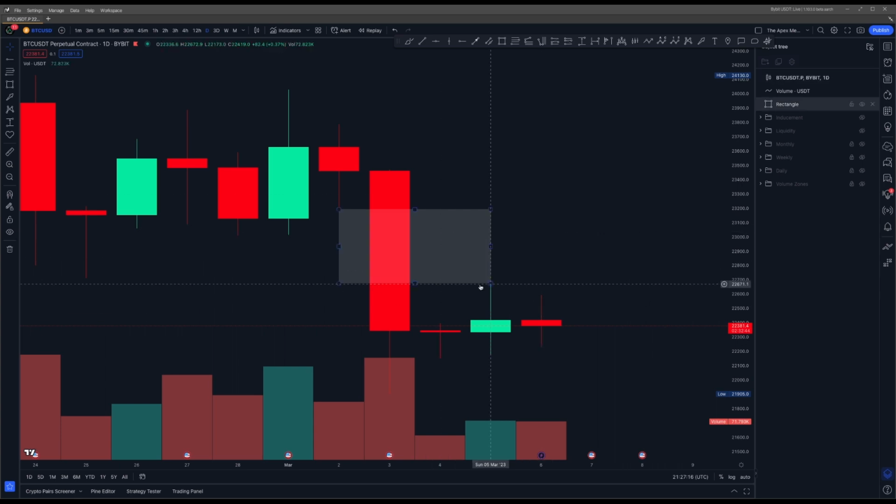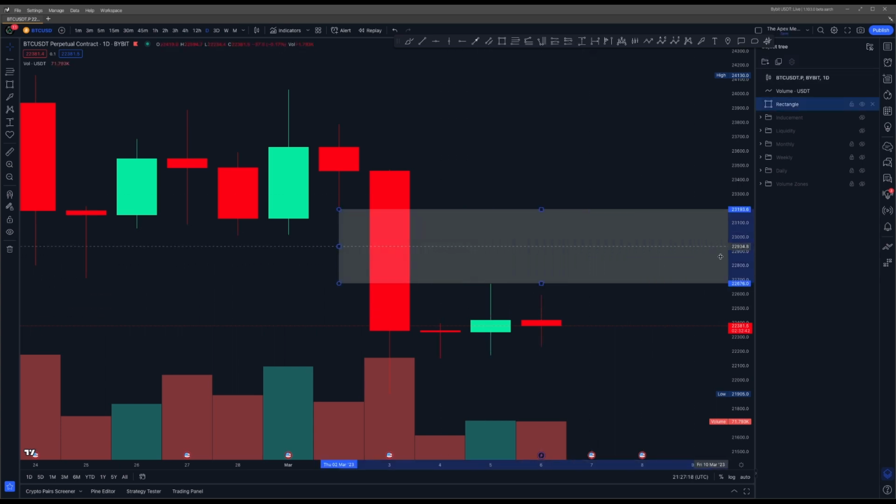So right now we've got a daily fair value gap on a daily time frame. So this is a problem. We want to try to fill this, or markets will always try to fill it. Maybe not today, maybe not tomorrow, but at some point we will come back and fill this gap. But what we want to do is understand on a lower time frame where the actual gaps lie.